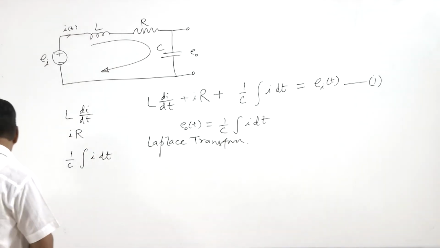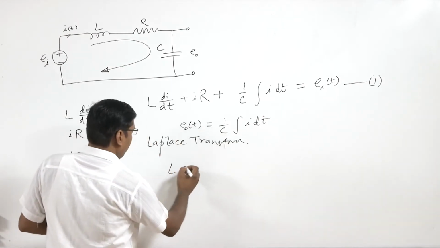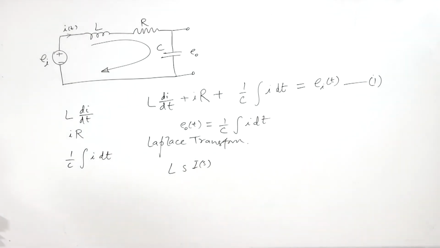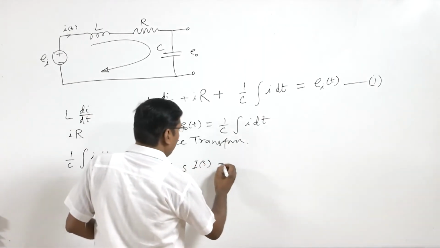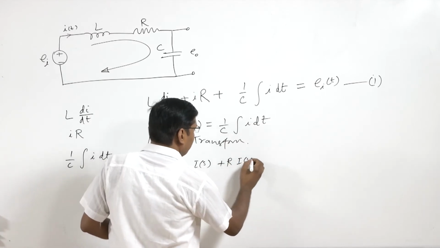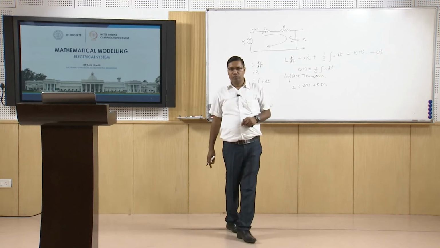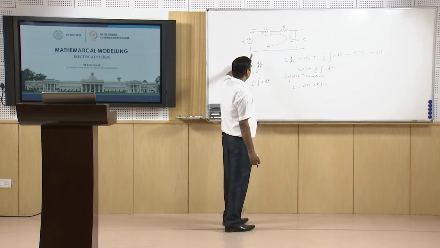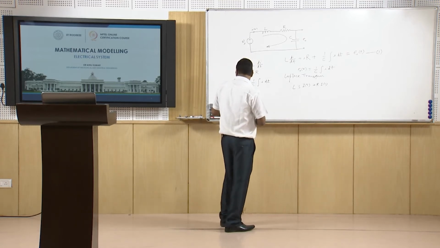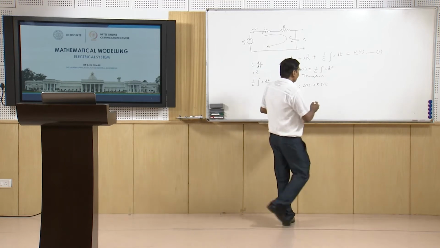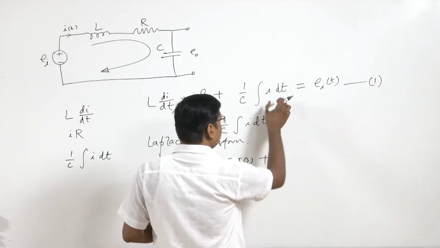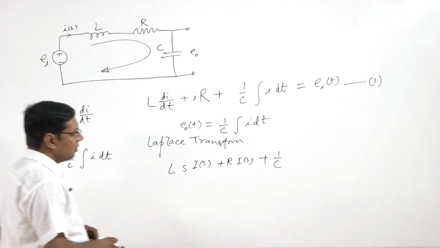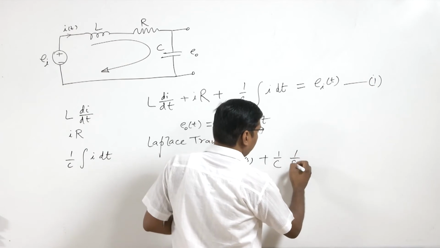So we will get Ls I(s) plus R I(s). Here i is a function of time, because this current changes with time when the voltage changes with time. And here is 1 by C times the integral, so 1 by s into I(s), because the Laplace transform of an integral is 1 by s.